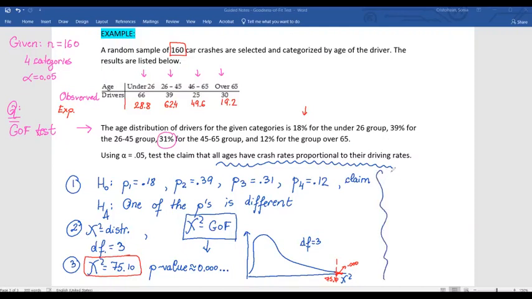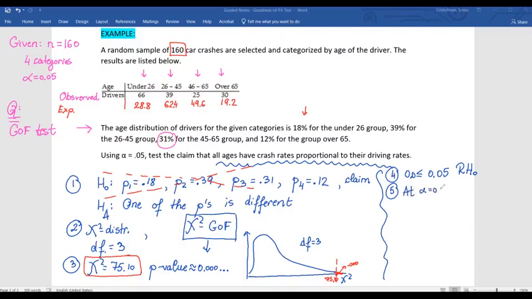And we will say step 4, 0 is less than or equal to anything. The level of significance was 0.05. So we have evidence, overwhelming evidence to reject H sub 0. So step 5, we will just write it down in a formal way that at least one of the p's is different, but the way we will write it down is following the language that we learned here.